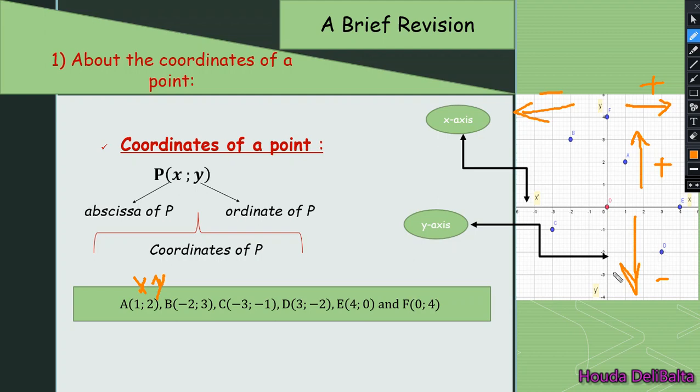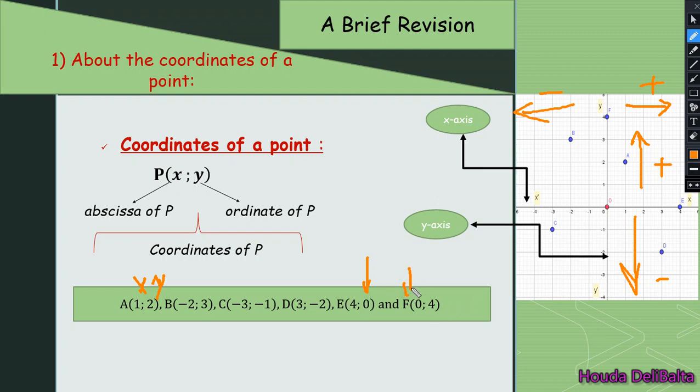E is (4, 0). Notice that the y of E is 0, so E is going to move neither upwards nor downwards, so it will stay along the x-axis. Here we move 1, 2, 3, 4, and here is point E. Finally, F is (0, 4).